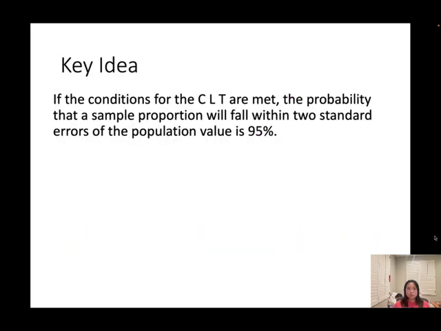Key idea: if the conditions for the CLT are met, the probability that a sample proportion will fall within 2 standard errors of the population value is 95%. You can think about it like the empirical rule, right? Within 2 standard deviations, there will be 95%.